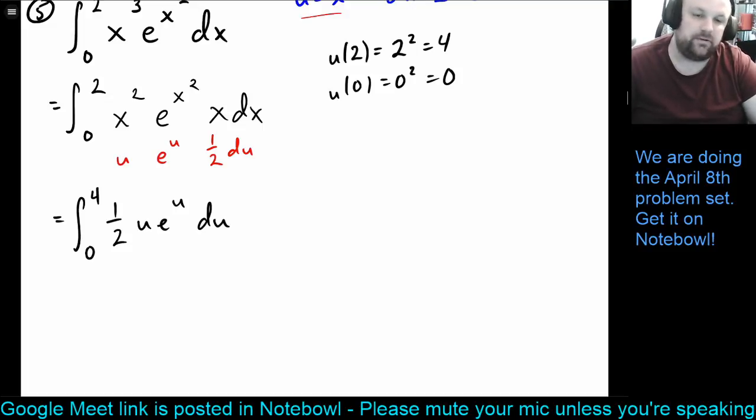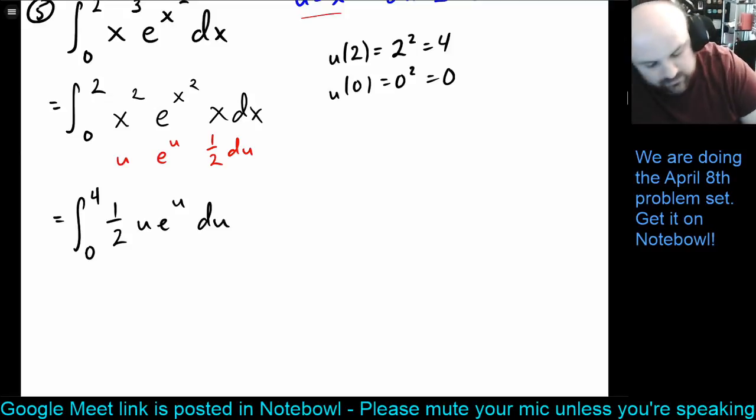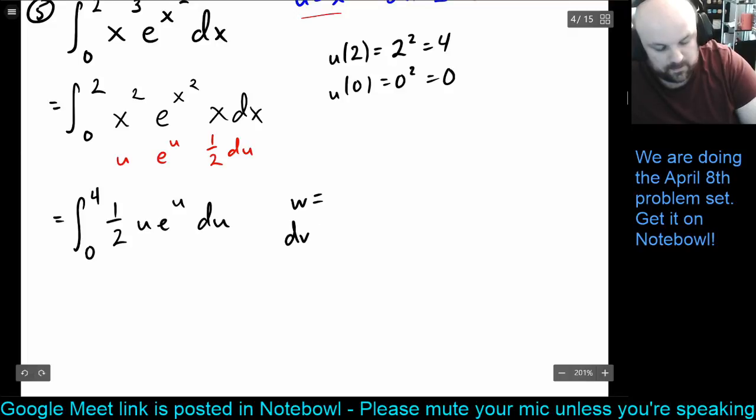Ue to the u is sort of like everybody's first integration by parts example, right? So I'm going to use w and dv again. Let's make w 1/2 u. dv is going to be e to the u du. dw is 1/2 du.